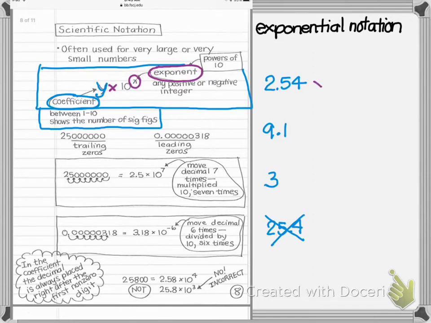So we could see something like times 10 to the 2. The 2 is the exponent. It could be times 10 to the negative 6, or times 10 to the 4. Any of those would be acceptable ways to write the exponent.